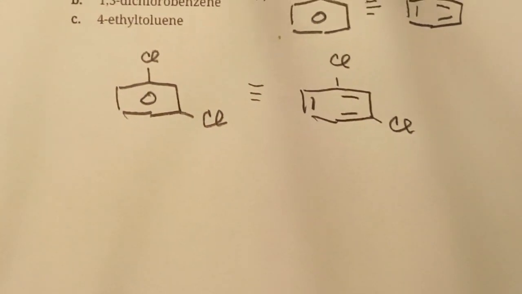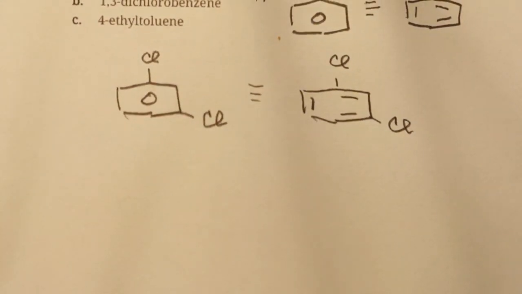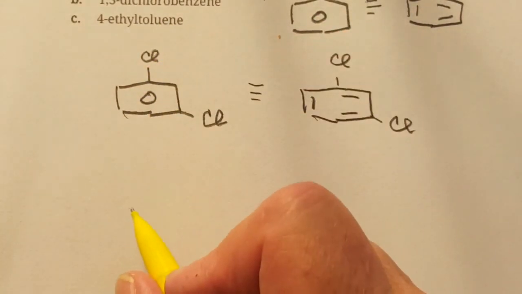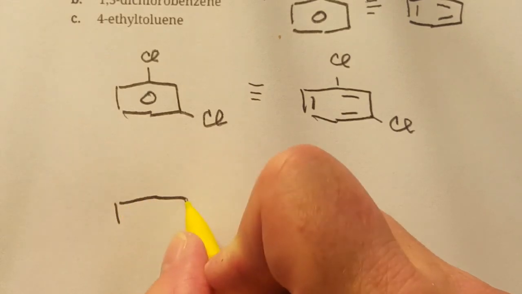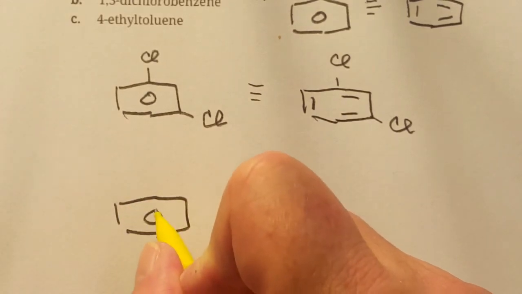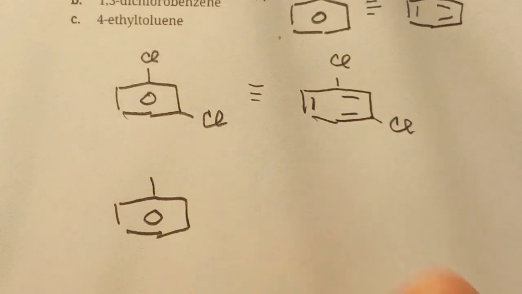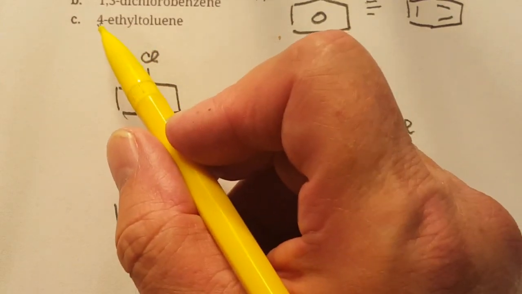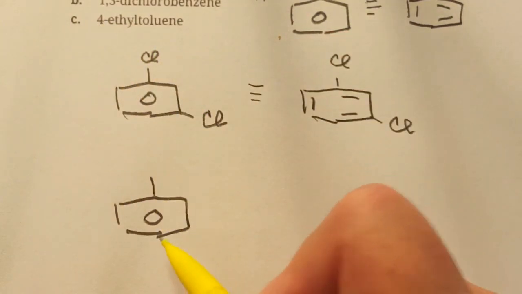And last but not least, 4-ethyltoluene. So toluene is a special structure. It's a benzene ring with a methyl group. So that's toluene, just like it was up there. And there's an ethyl group on position 4. 1, 2, 3, 4.